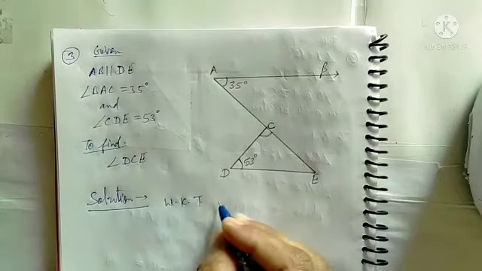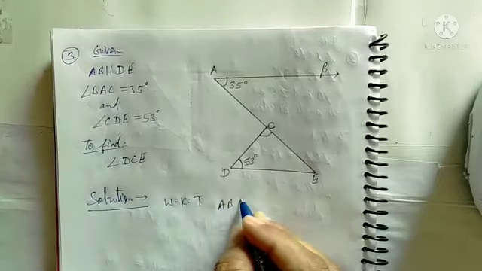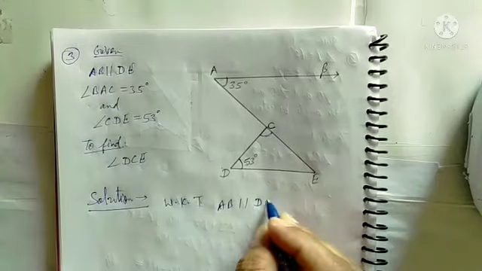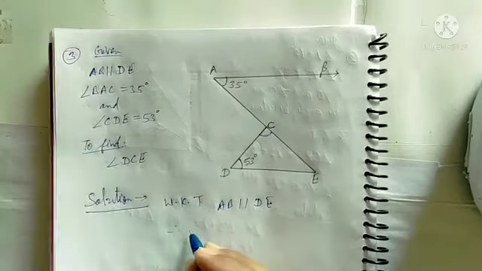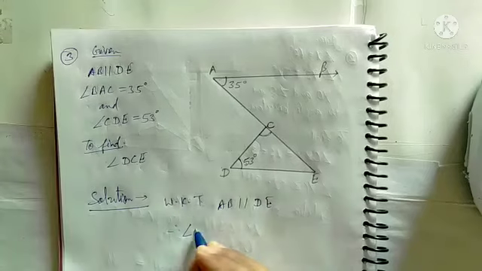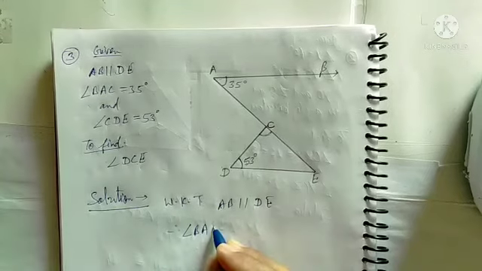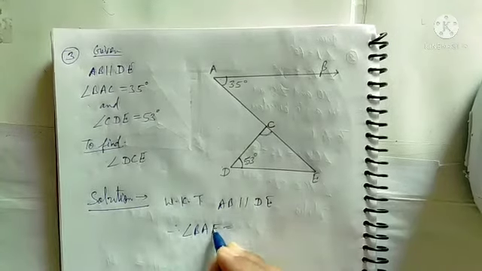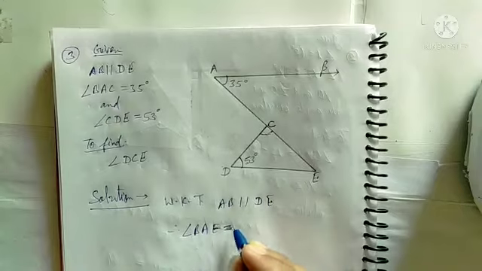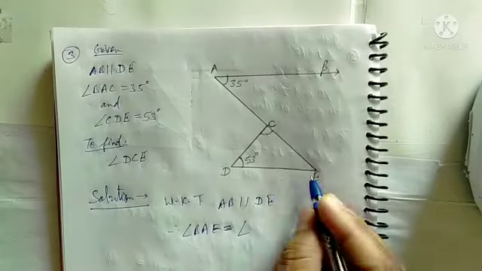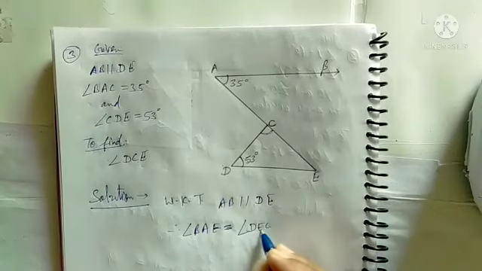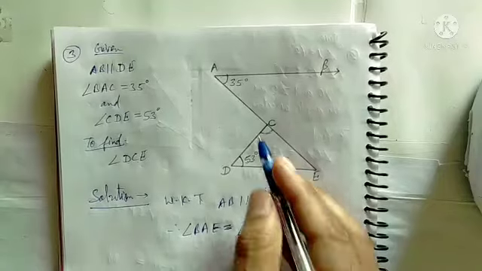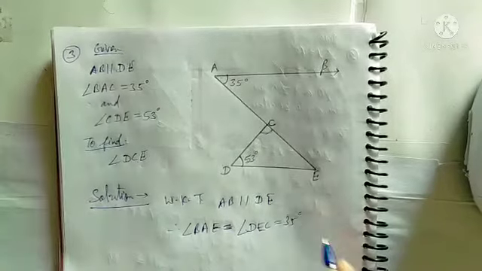We know that AB is parallel to DE, it is given. Therefore angle BAE is equal to angle DEC, 35 degree only.